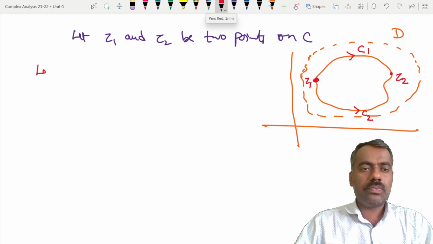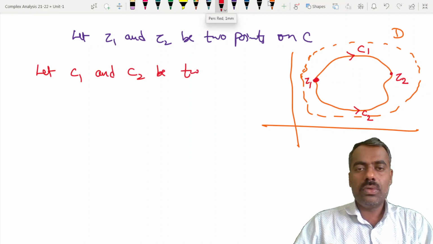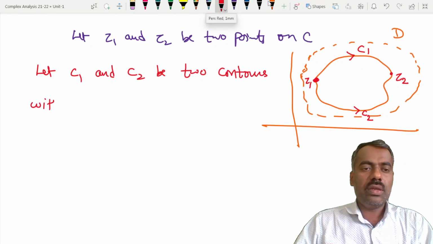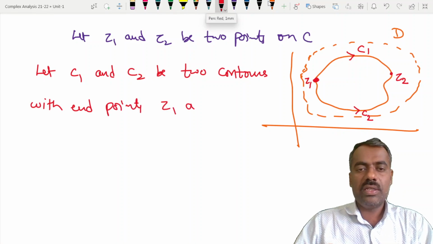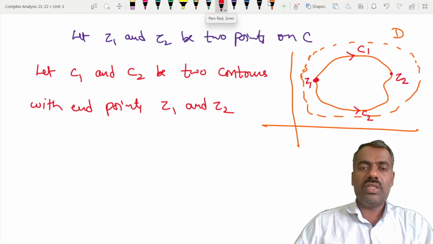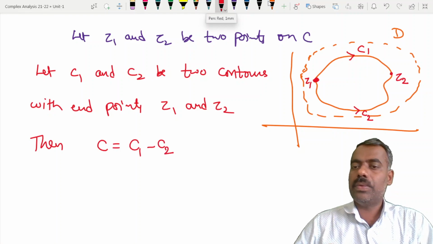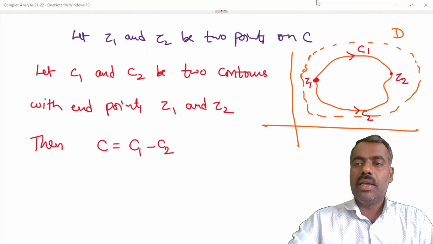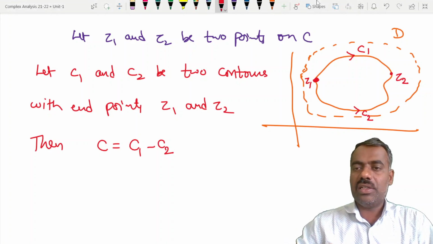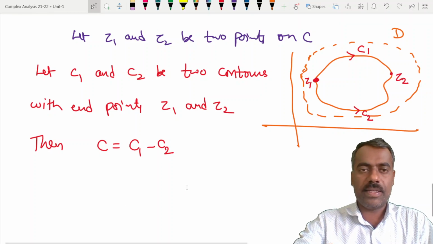So let C1 and C2 be two contours with endpoints z1 and z2, as shown in the picture, right? Then we can see that this C is nothing but C1 minus C2. If you want, you can take the anti-clockwise direction also, it is not a problem. If you take it like this, then you can also get the answer, right?